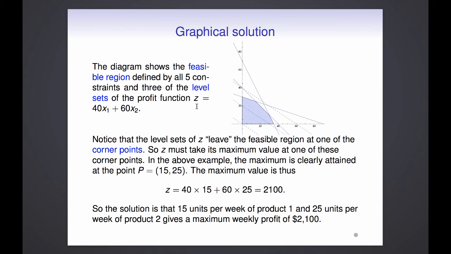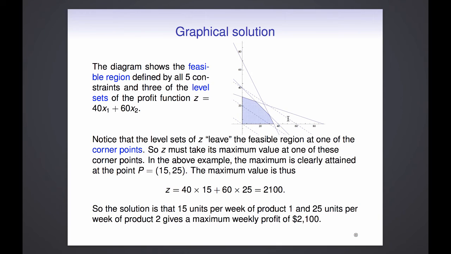So in the practice class, you'll get to learn how to draw feasible regions like this, and to draw the level sets of z. The idea is that you imagine the level sets of z sweeping across the feasible region. The origin is on the line corresponding to z equals 0.